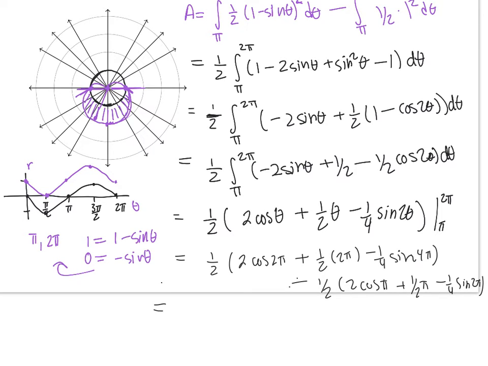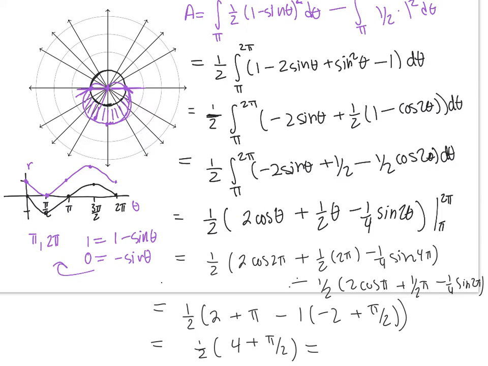And that will be 1/2 times 2 plus pi, minus 1 times negative 2 plus pi over 2, which will be the same thing as 1/2 times 4 plus pi halves, or 2 plus pi quarters.